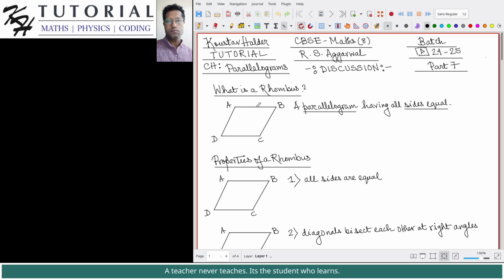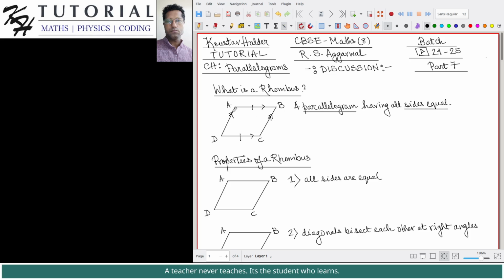Since it's a parallelogram, by the property of parallelogram, the opposite sides are equal and parallel. So AB is parallel to DC and AB is equal to DC. Also AD is parallel to BC.